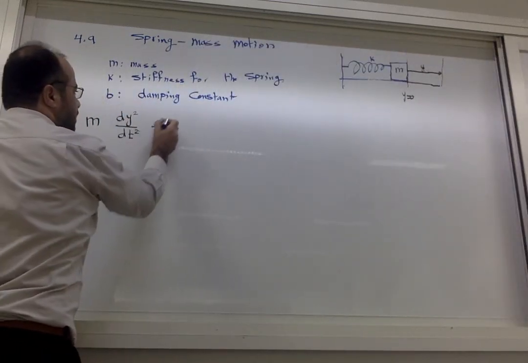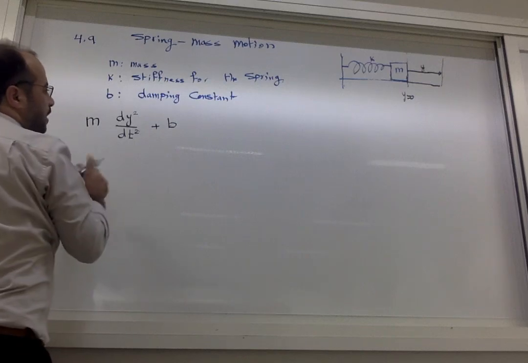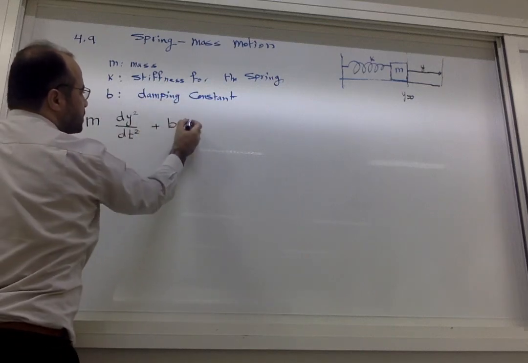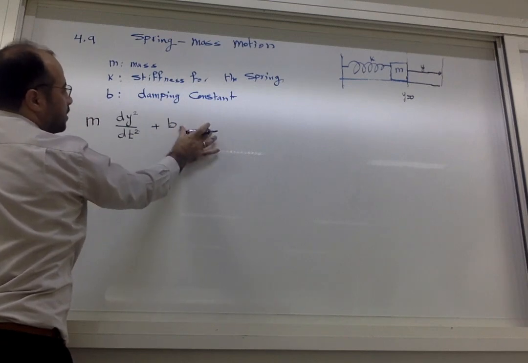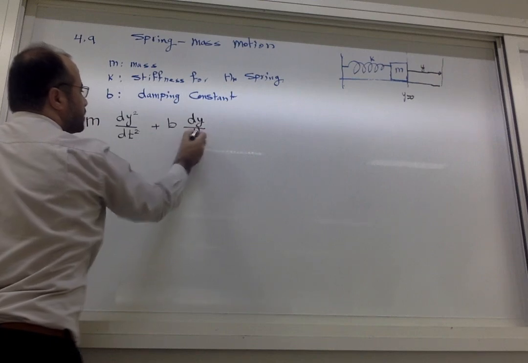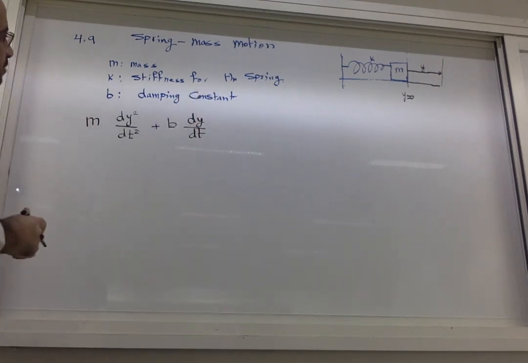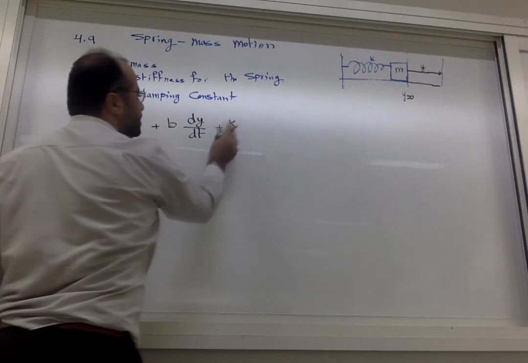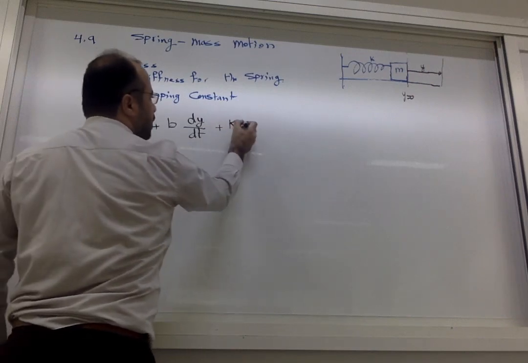And here we said we're going to arrange things in the following order. You're going to have the damping constant times the velocity, and the velocity now is dy over dt, so it is the derivative of the displacement. And then the last thing is the stiffness for the spring times y.